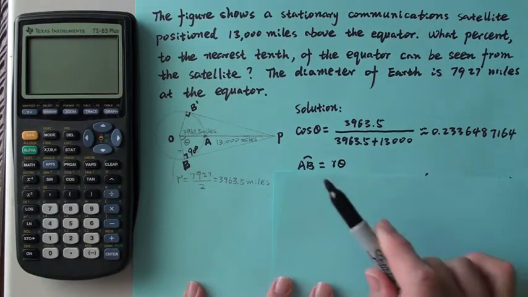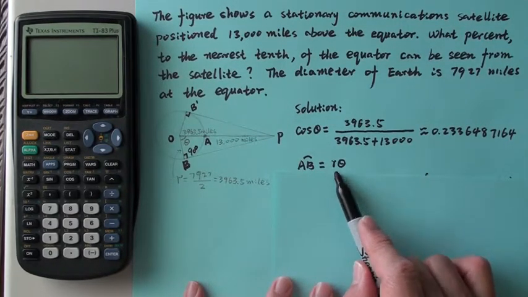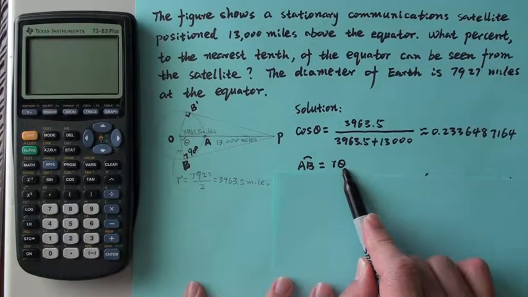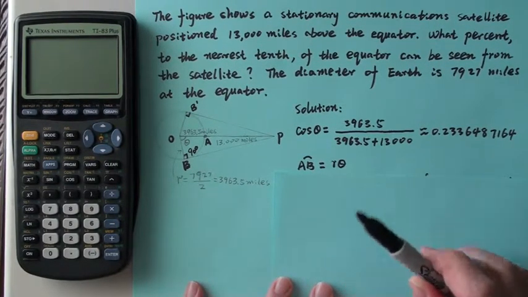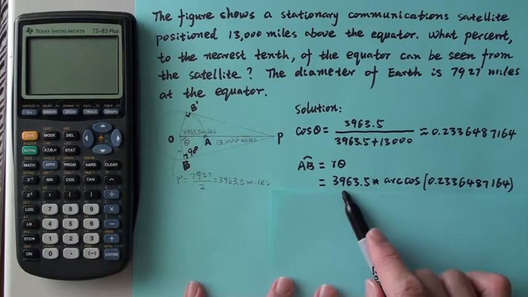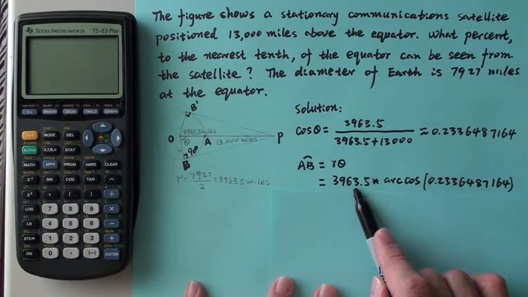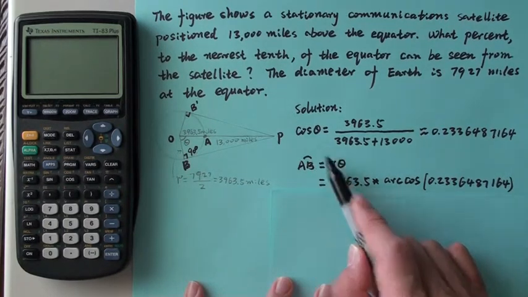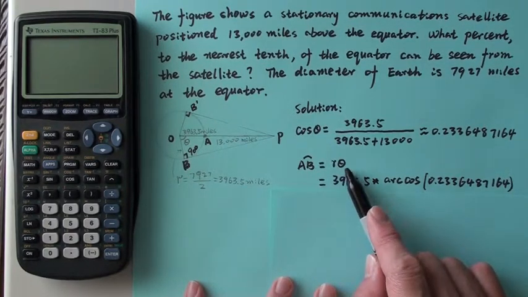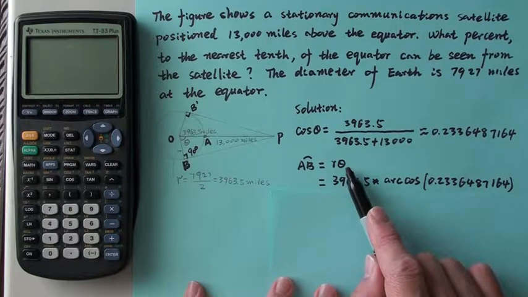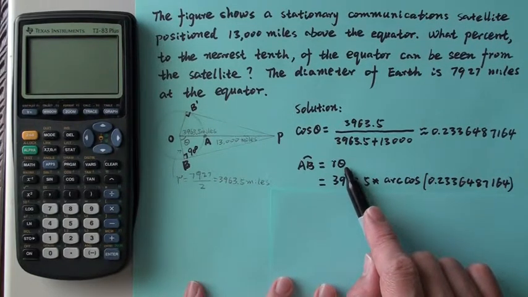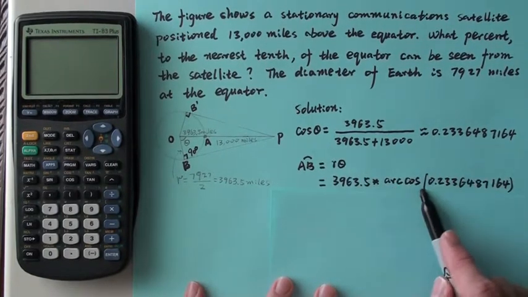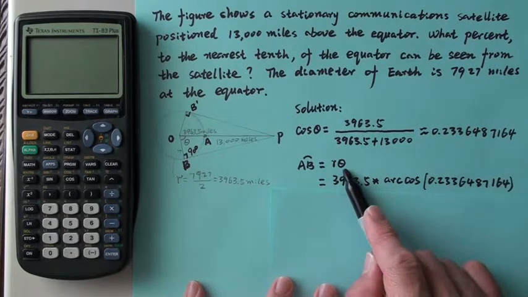Here is the way: the length of arc equals the radius times theta. That's the formula. The radius is 3963.5, and theta, the measure of theta, you choose arccosine of this one, that will be theta.